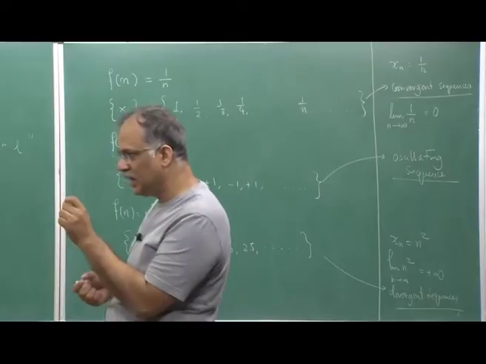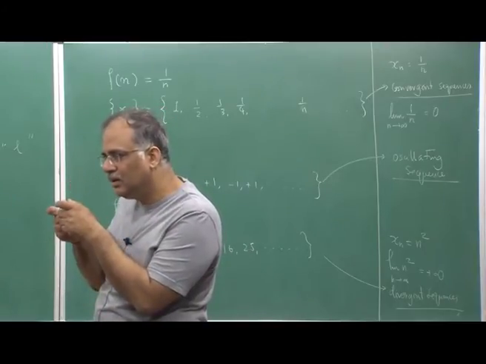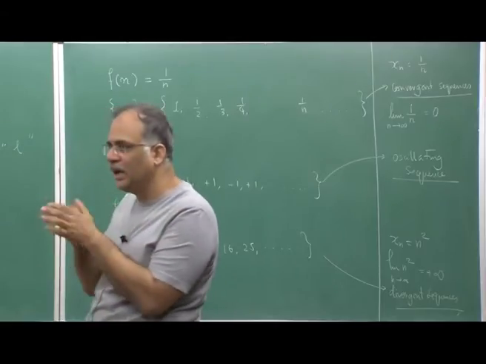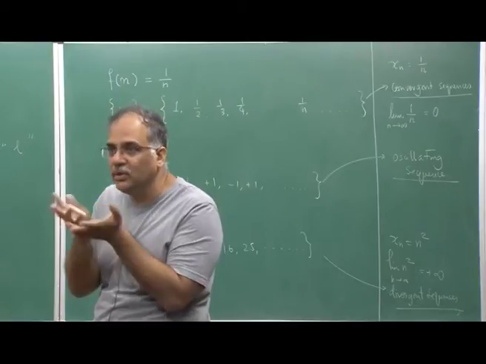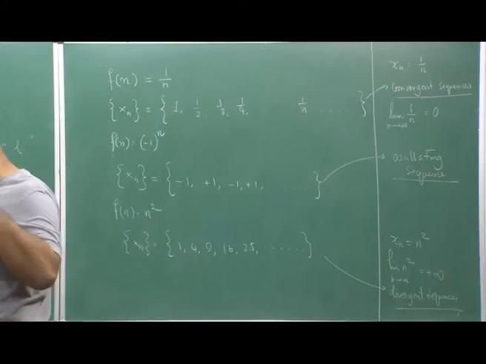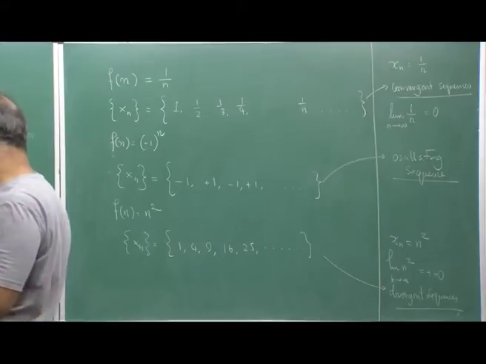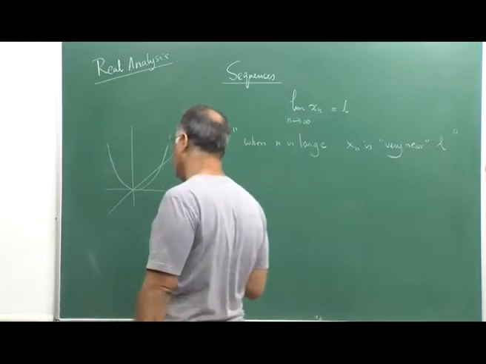I will tell you, can you find an n for which xn and L is very near? I will give you what very near means for me: it should be less than some epsilon. Can you find such an n? If you can do that for every epsilon, then of course you are talking about a sequence being convergent.